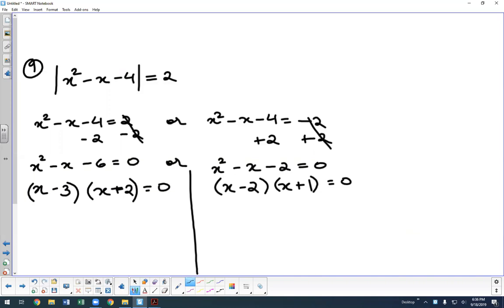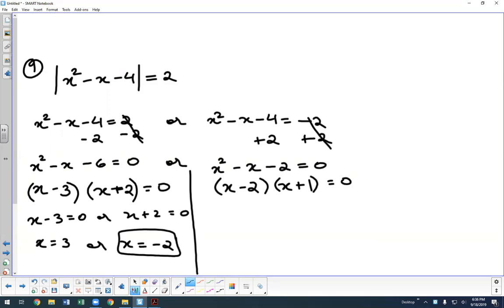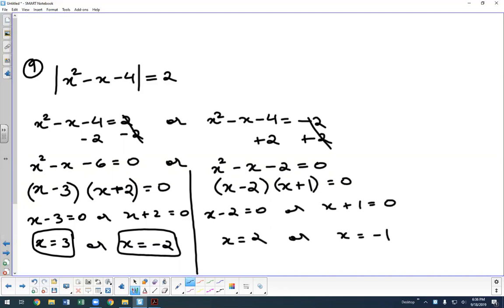So this one here will give me x equals 3, x equals negative 2, and then these guys will give you x equals 2 or x equals negative 1.